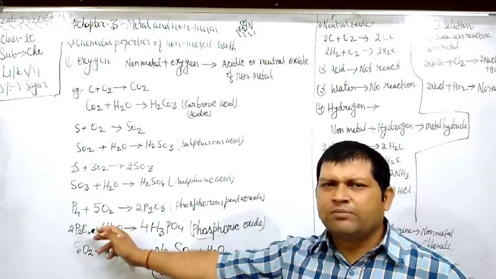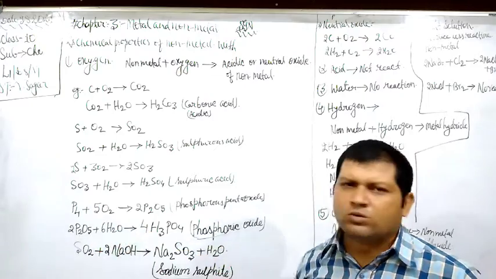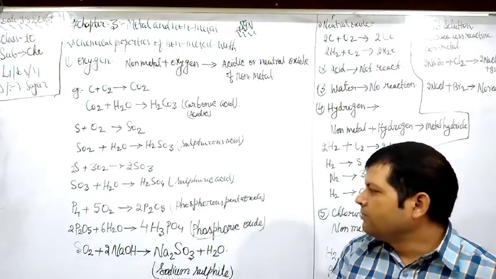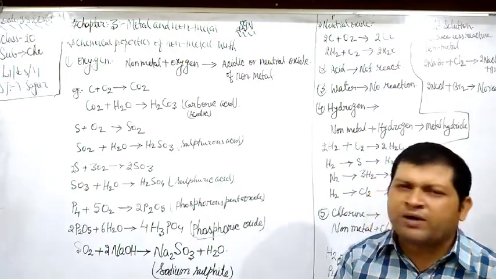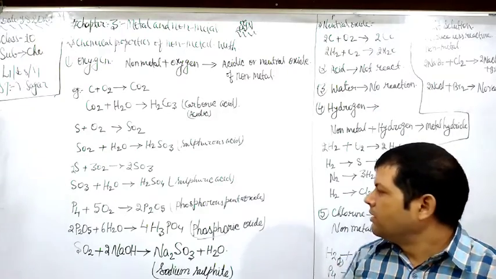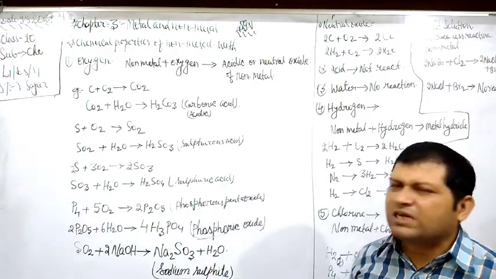And in the same way, when phosphorus reacts with oxygen, then the formation of P2O5, phosphorus pentoxide, takes place.